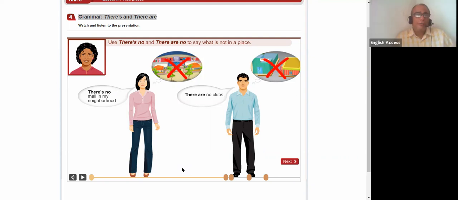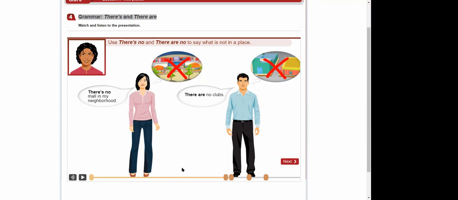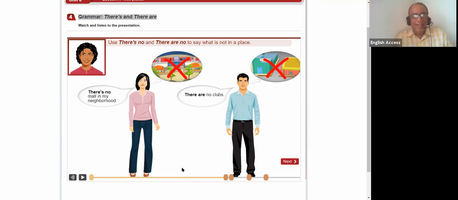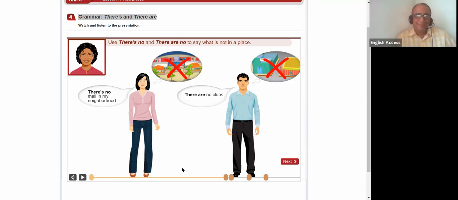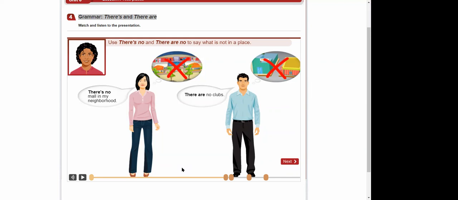What about dogs? There are many dogs. Puede ser pretty dogs. Pretty, bonitos. Ajá, pretty dogs. O sea, para decir muchos. There are many. Many dogs. What about supermarkets? No, there's no supermarket. There is not a supermarket.